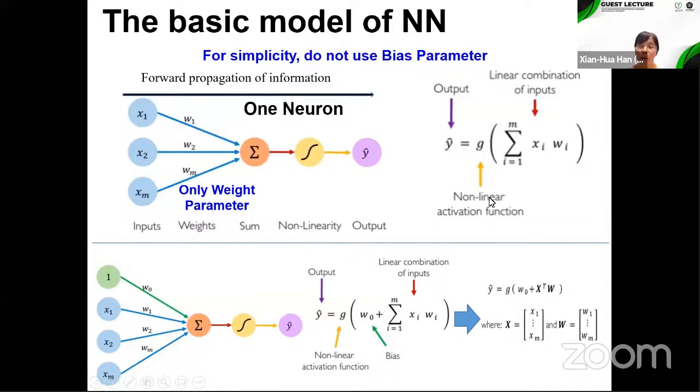If the output has only one neuron, we can use this function. If we have many neurons, we have a similar computation expression. If we add the base, it is also similar. You just put the w0 here.